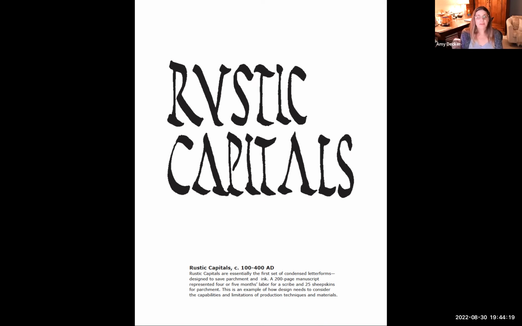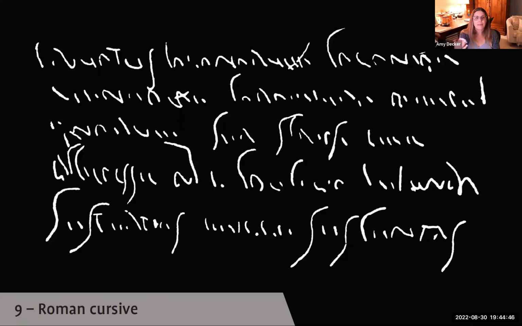It would take 25 sheepskins, because that's what you wrote on, parchment, which is sheepskin. And this is an example of how design needs to consider the capabilities and limitations of production techniques and materials. They wanted to get more words on a page, use less sheepskin. Sheepskins were expensive. So they needed to get more on the page. Well, let's make the letters thinner. We can get more on the page. So it really became functional.